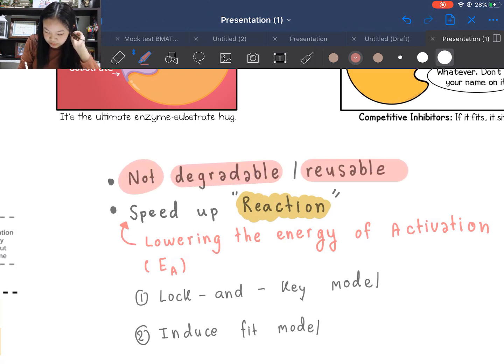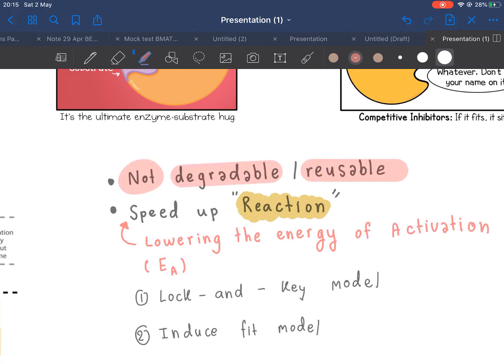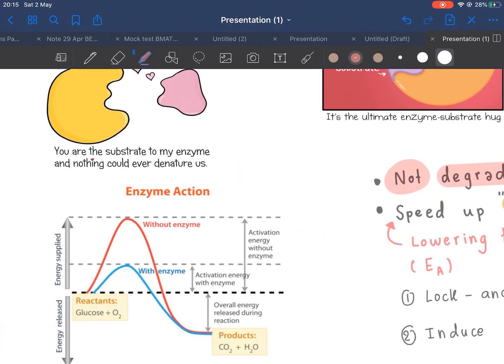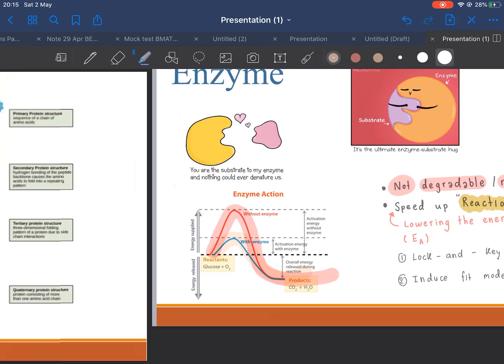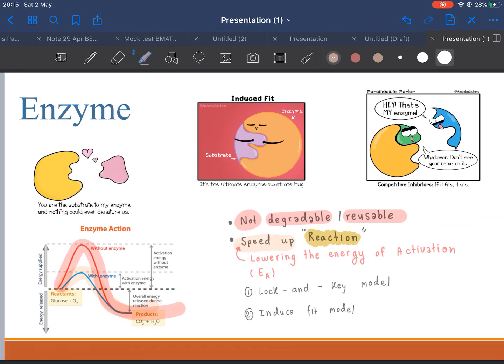It speeds up the reaction by reducing the energy of activation, which we call EA. And it has a graph like this. See? Without enzyme, you have to take that high mountain up here, but with an enzyme, it reduces the EA, so you only have to take the steps. Easier. So it speeds up.